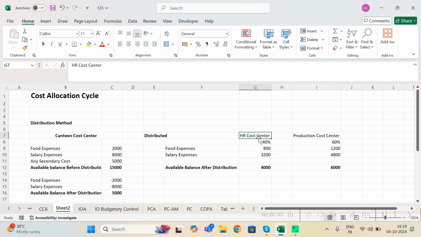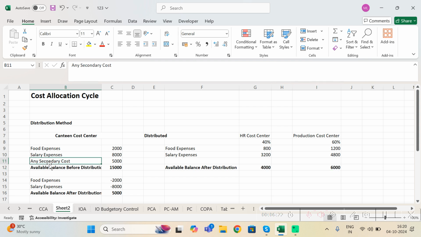And if you go and check in the HR cost center, you will find a total balance of 4,000, that is this plus this, and in the production cost center you will find this plus this, total 6,000. So notice it very carefully. Two points you have to focus on here.